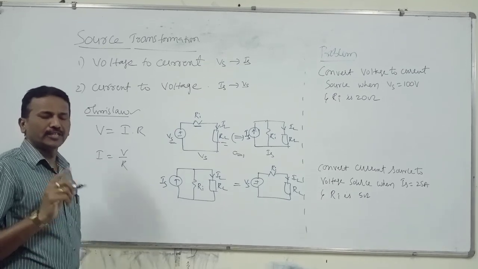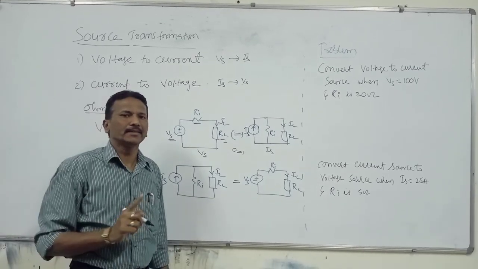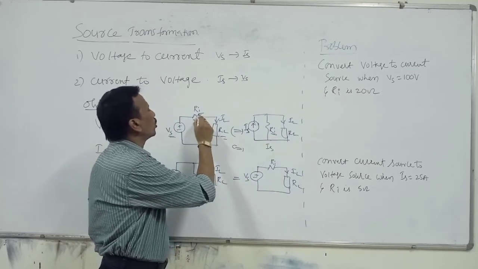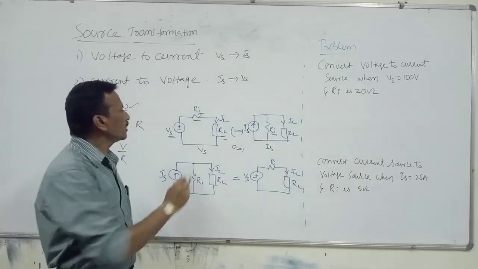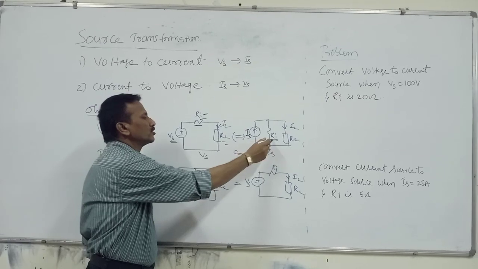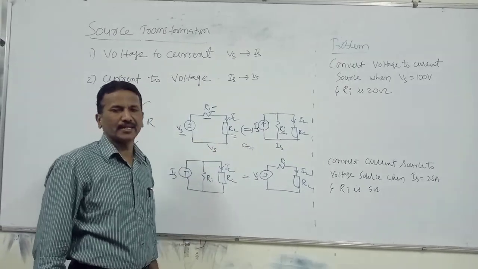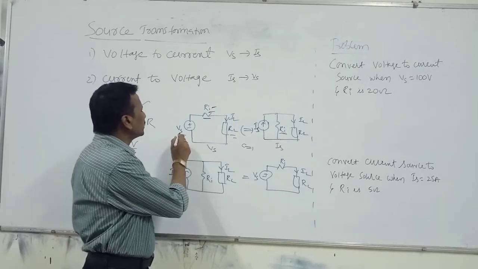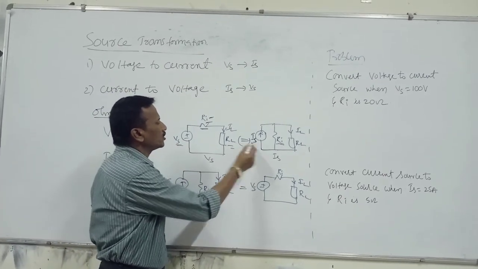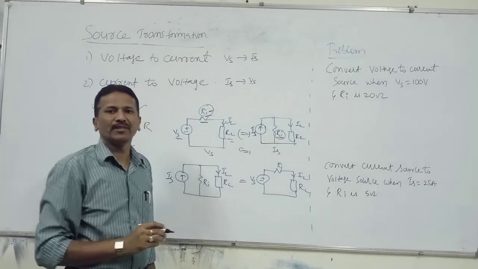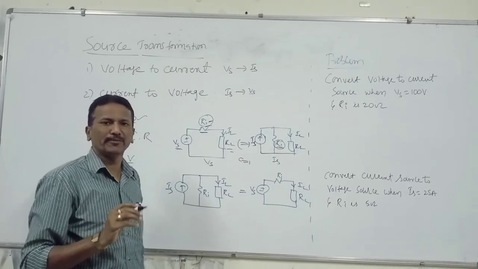Dear students, keep in mind that your internal resistance will always be constant or the same. Whatever the resistance value is here, it will also be the same there. You can convert the voltage source to the current source or the current source to the voltage source, but the internal resistance value should always be the same.